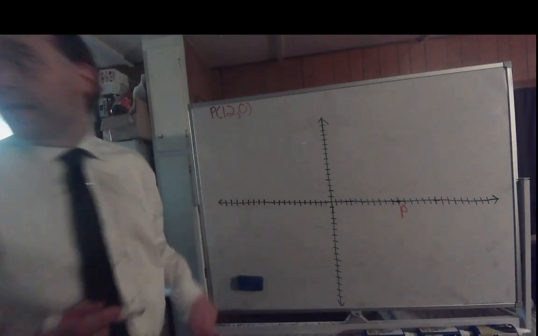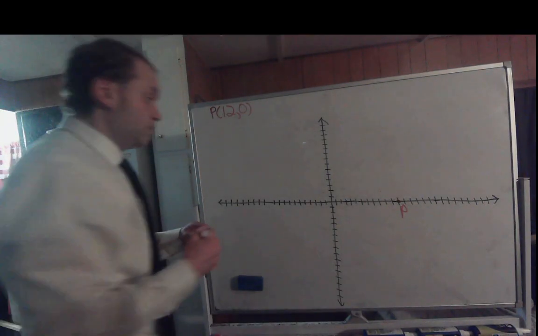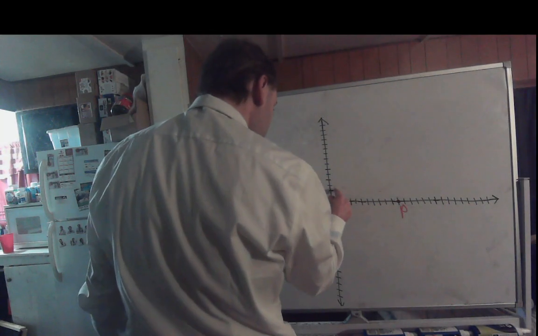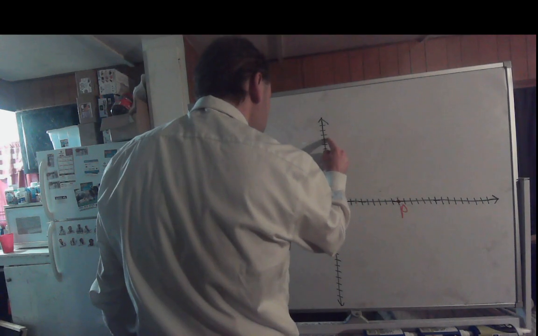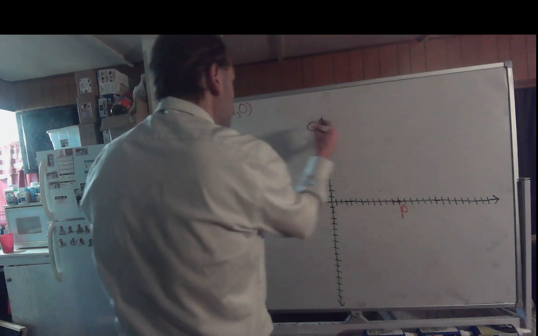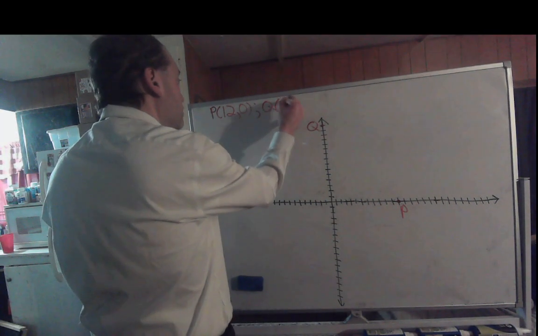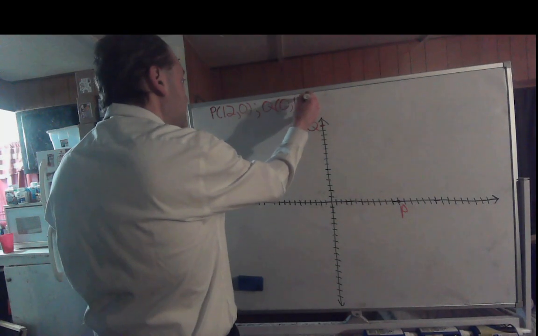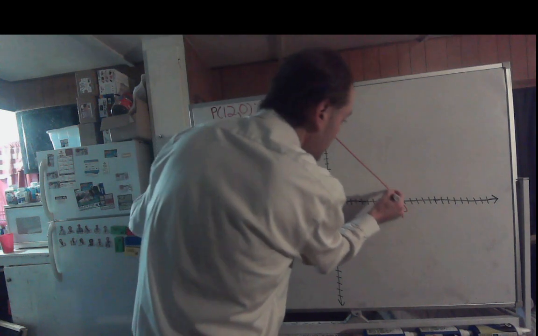Here's your coordinate P. Now, you have Q. 6, 7, 8, 9, 10, 11, 12, 13, 14, 15. Q is all the way at 0, 15. So here's Q. Q has the ordered pair 0, 15. So let's go ahead and connect P and Q.